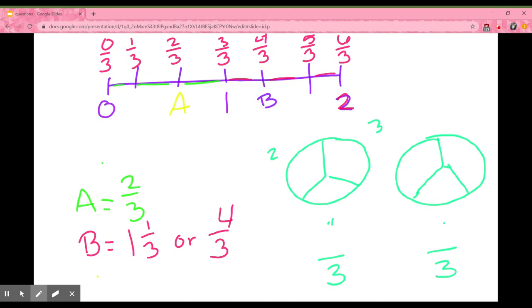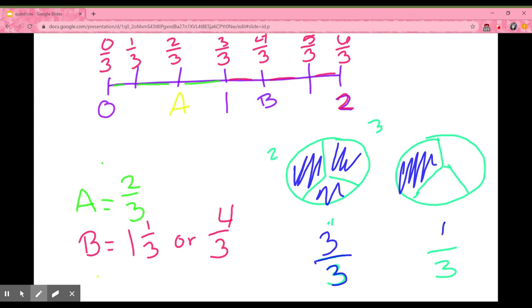Now if we were to eat this whole pizza, the whole first one, we would have eaten 3 pieces out of 3 total, or 3/3. So let's say you did that, and you were still a little hungry, so you had one more piece of the second one, or 1/3.